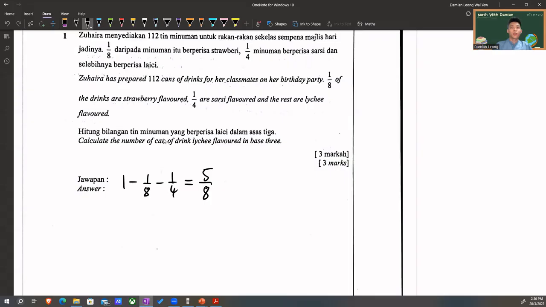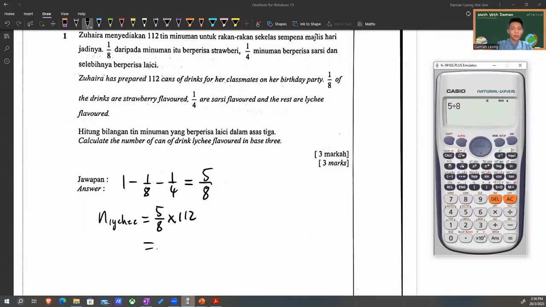And to get the fraction of lychee flavored drinks, basically, the number of lychee flavored drinks over the total number of drinks is equal to the fraction. So to get the number of lychee flavored drinks, I take the fraction times the total number of cans. So 5/8 times 112, I get 70.